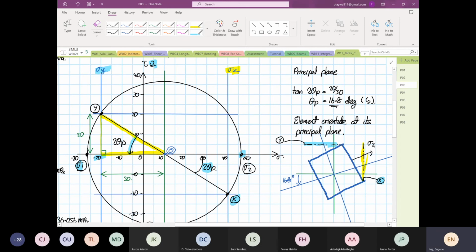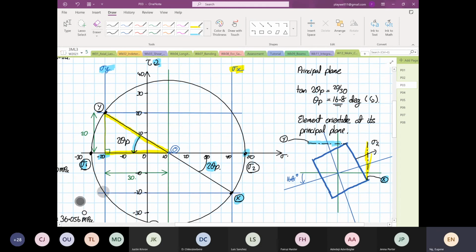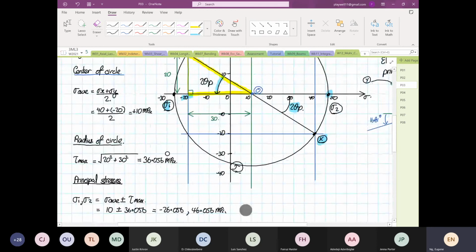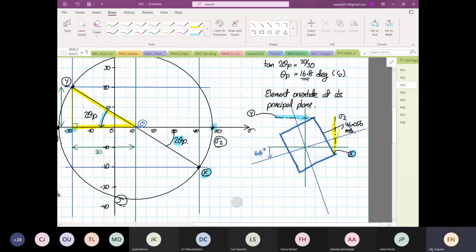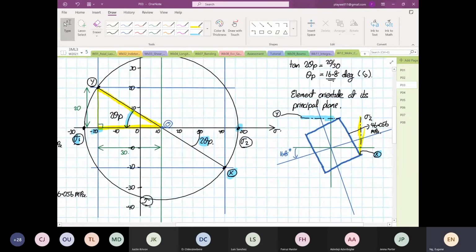So stress 2 is equal to what? We calculated, what was it? Stress 2 is equal to 46.056 megapascal. Okay, I'll do it again for the other point. Now if you look at point y, we're going to rotate by 2 theta p.